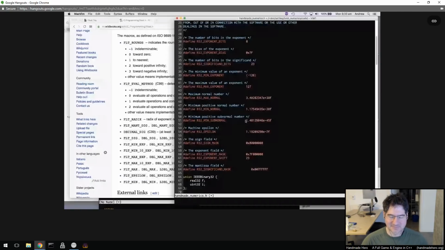Okay, all right. Epsilon is the smallest number such that 1 plus epsilon is not equal to 1. So what this value does, this is actually 2 to the minus 23. If you work it out, that's 2 to the minus 23, because that's the number of bits in the significand. What this does is give you a measure of how granular the number system is. It's the smallest relative difference between two adjacent numbers.